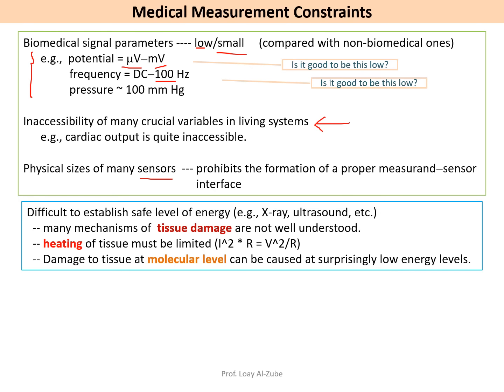Now, it is difficult to establish a safe level of energy, that's another thing. Many mechanisms of tissue damage are not well understood. Heating of tissue must be limited. Fever is actually a protective mechanism of our system to kill all the organisms that are not from the body. But here's the problem: if fever persists for a long time, you are damaging your own tissue.